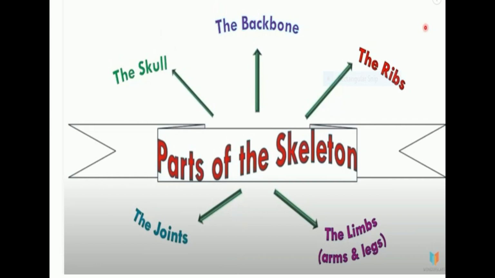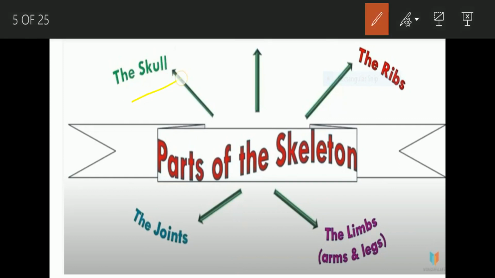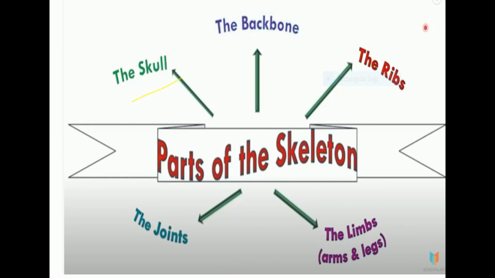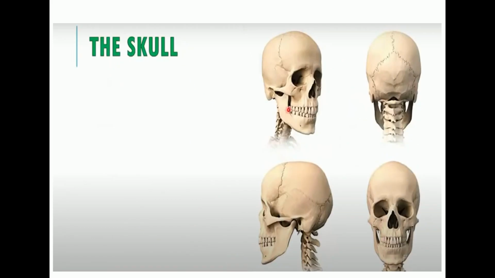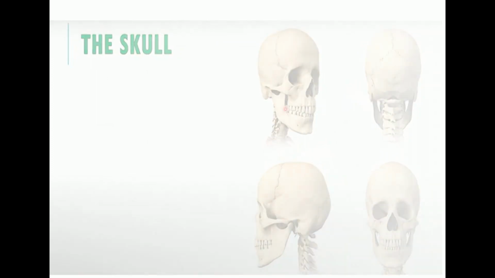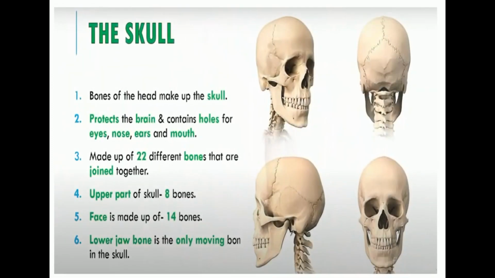So in today's topic about the parts of the skeletal system, we are going to discuss the skull, the backbone, the ribs, the joints and the limbs, that are arms and legs. Now let us look at the skull.